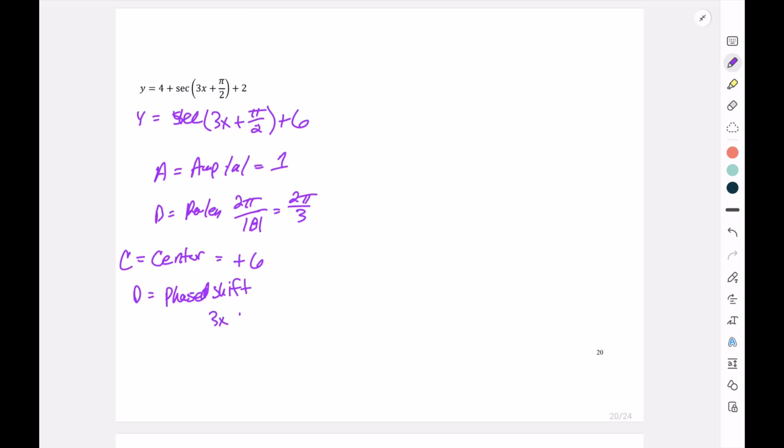So we'll take 3x plus pi over 2 equal to 0, and we're going to solve for x. So if we subtract pi over 2, we get 3x is equal to negative pi over 2. If we divide by 3, we get that x is equal to negative pi over 6. And so we know that that will be our starting point.